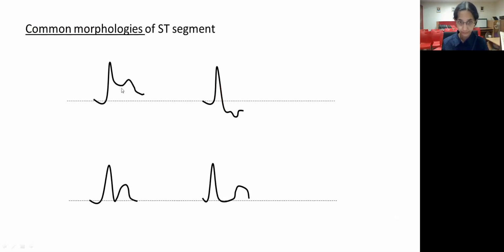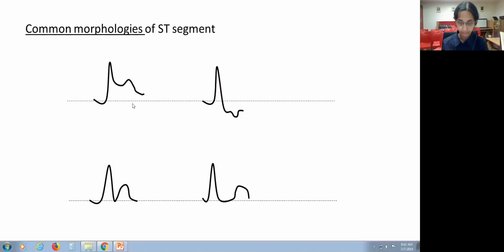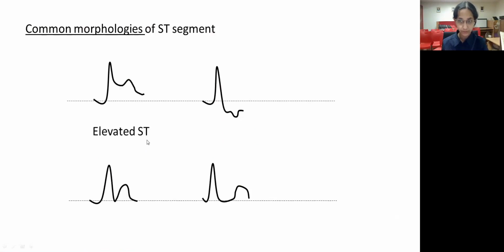This is elevation. So this is ST elevation. This one, the second figure, yes. So this is depressed ST segment.